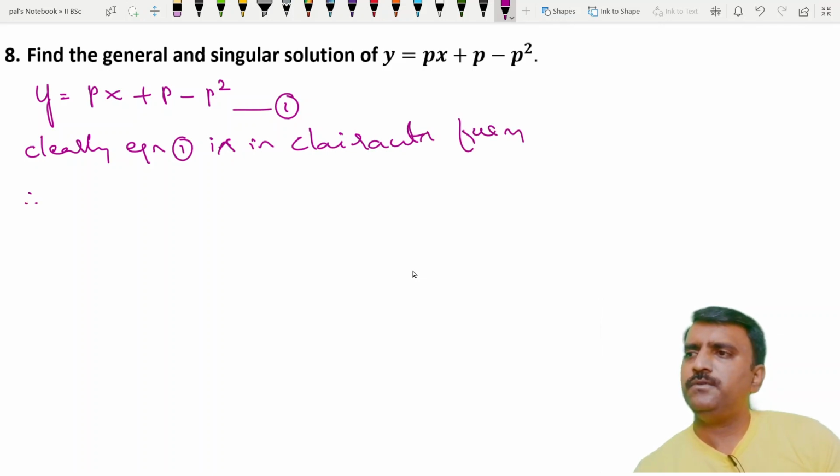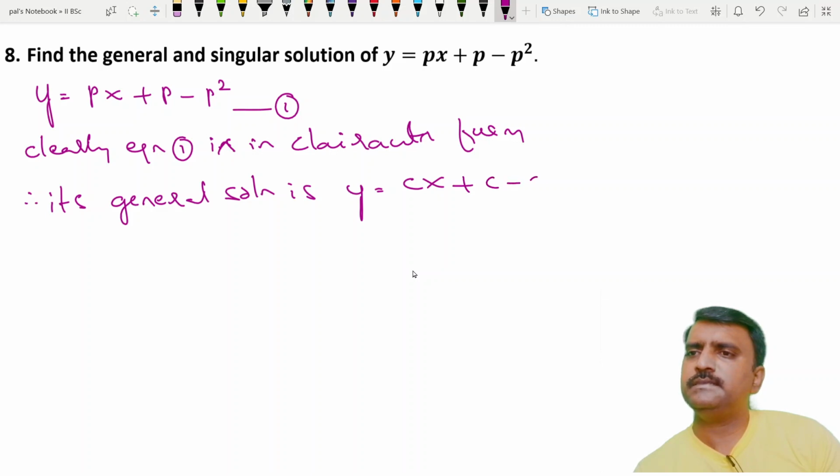So therefore its general solution is y is equal to cx plus c minus c square.